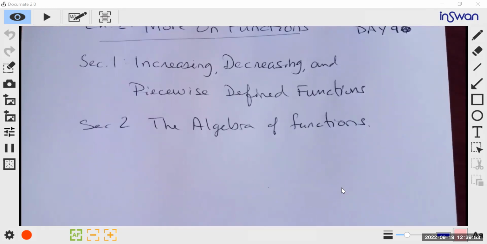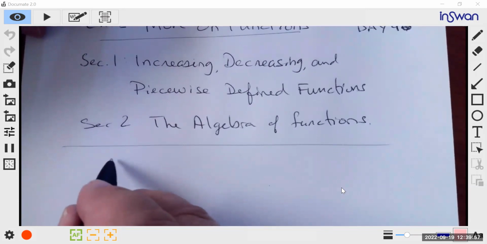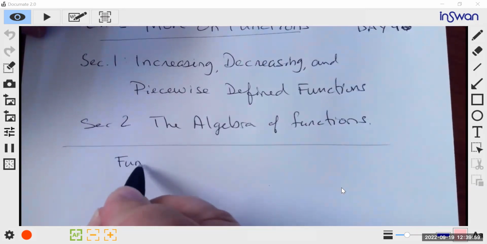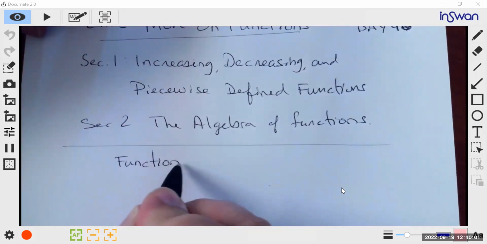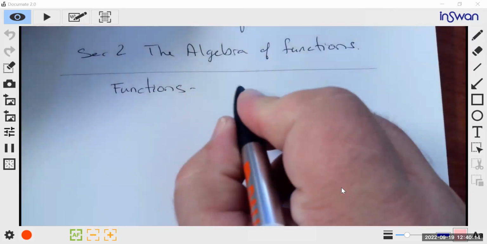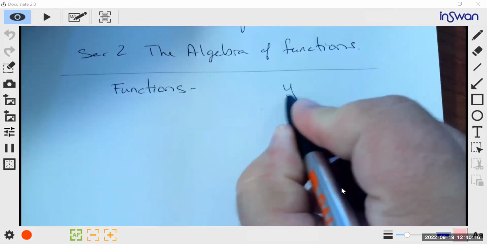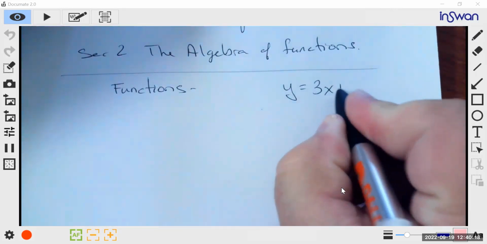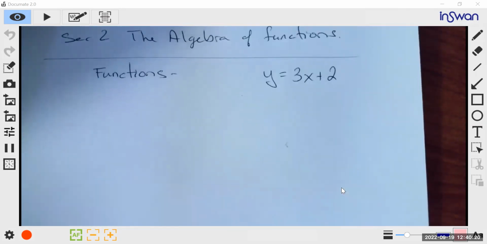Before we go on, let's discuss functions. I know we talked about it. What is the notation for a function? If I gave you an equation, how would you write that as a function?